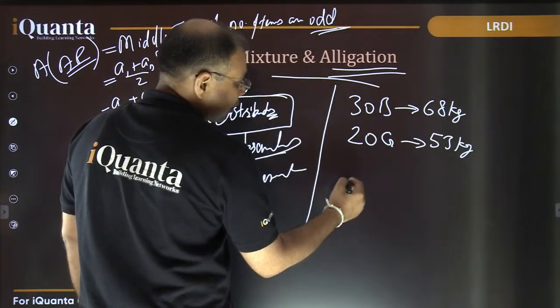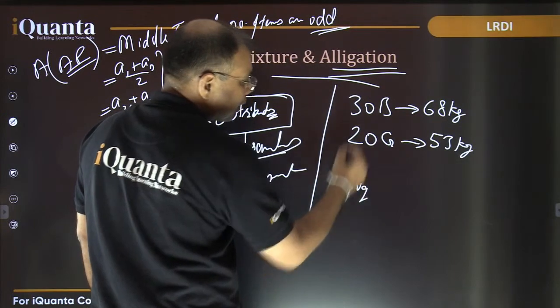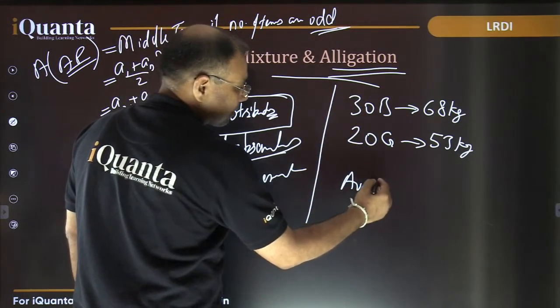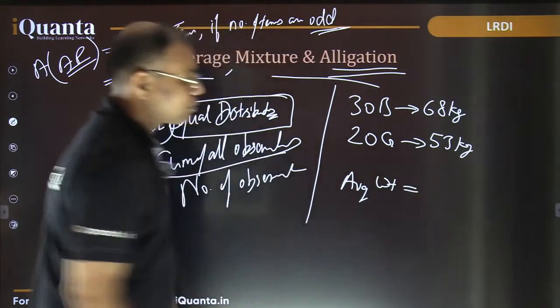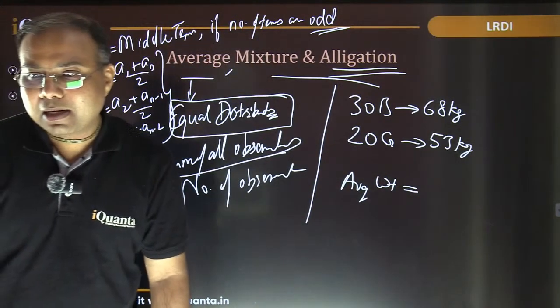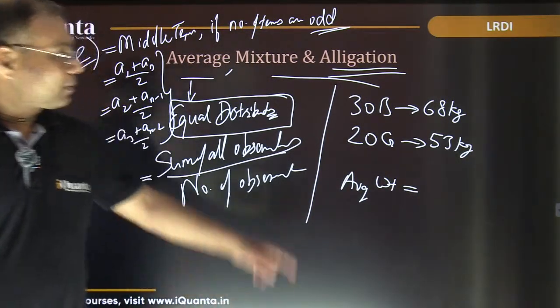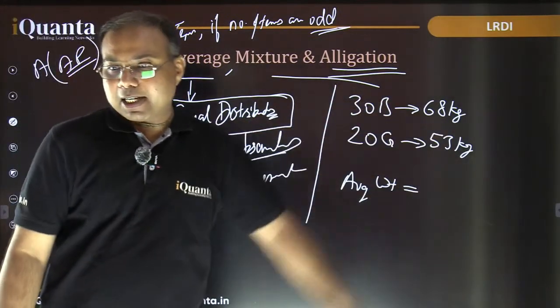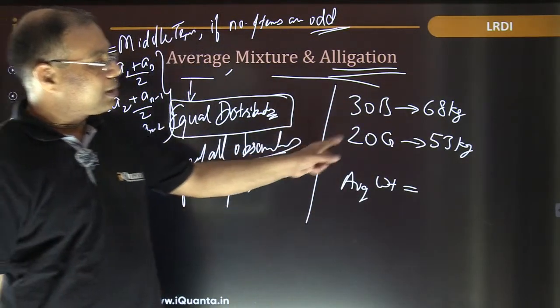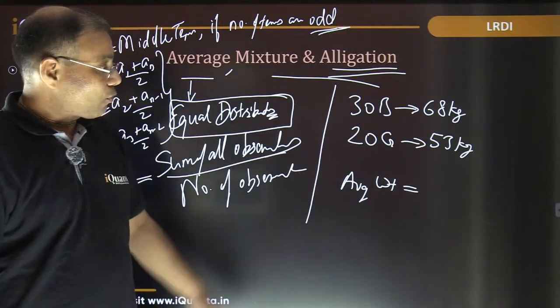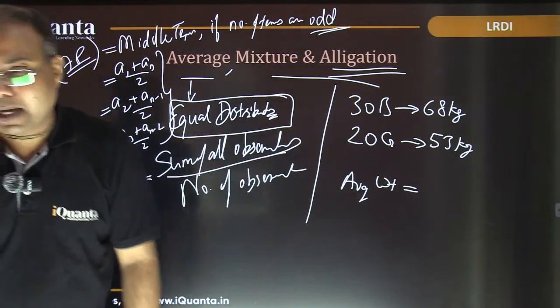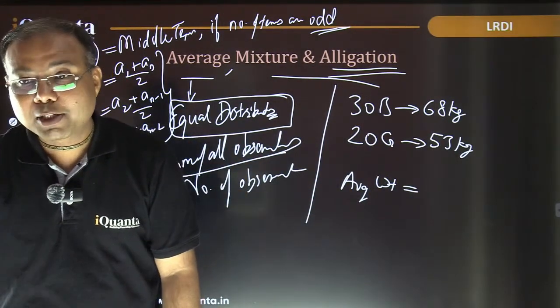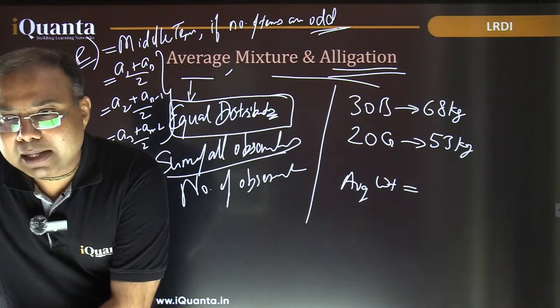What is the average weight of the entire group of 50 students? Whatever method you wish to use, you can, and tell me the answer fast. Method is your choice.